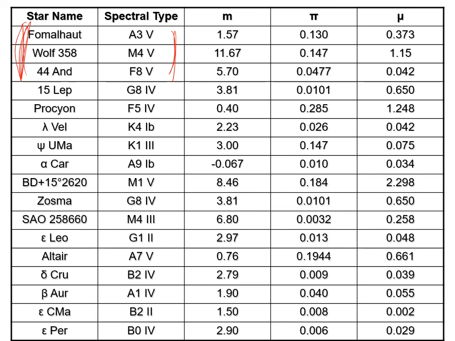On the HR diagram, upper left is the most mass. The farthest to the left is O, and then B, then A. So Fomalhaut has the most mass of those 3 stars. Which one has the least mass? That would be Wolf 358. This is how you think about it.